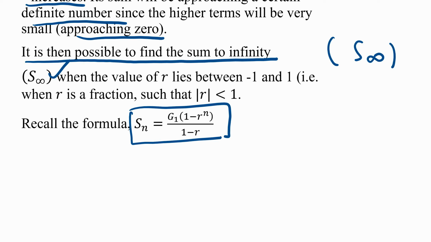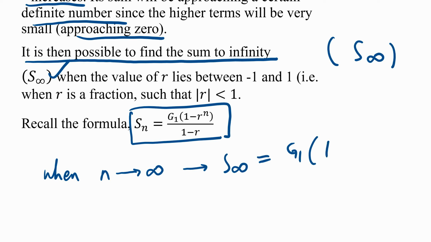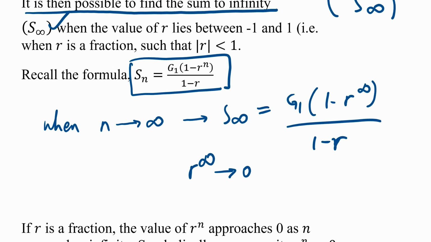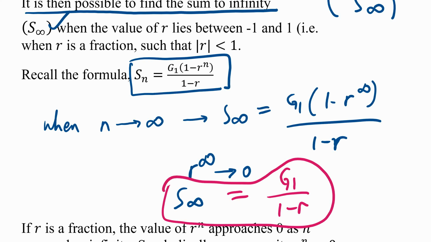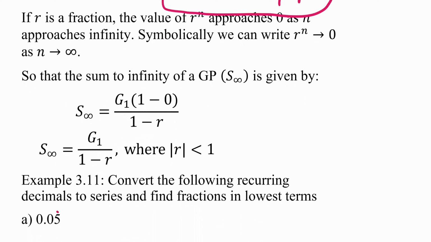When n approaches infinity, we have S infinity equals g1 times (1 minus r to the power infinity) over 1 minus r. Since r to the power infinity approaches 0, the sum to infinity, dear students, will be equal to g1 over 1 minus r. This is the formula we are going to use always when talking of sum to infinity.